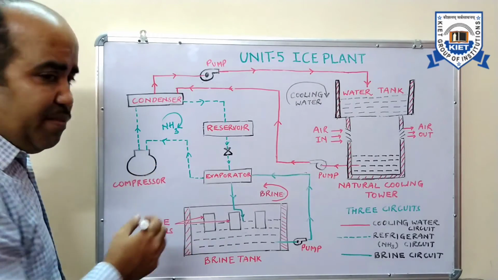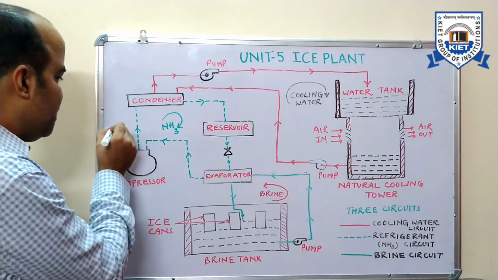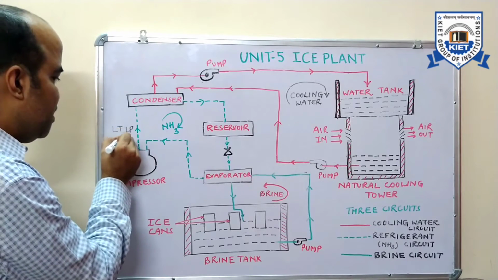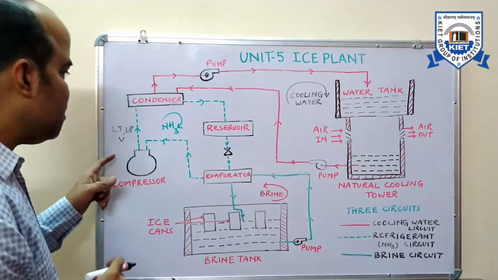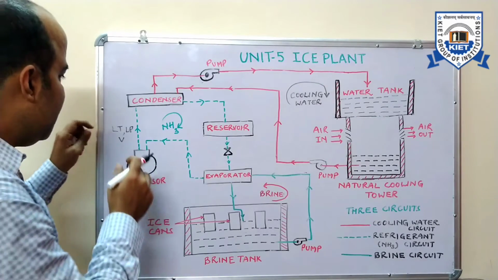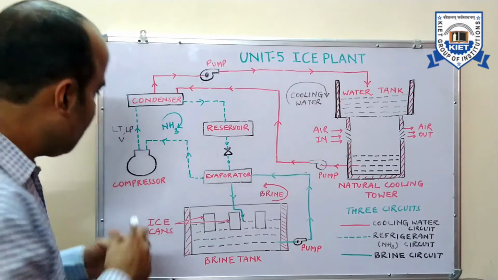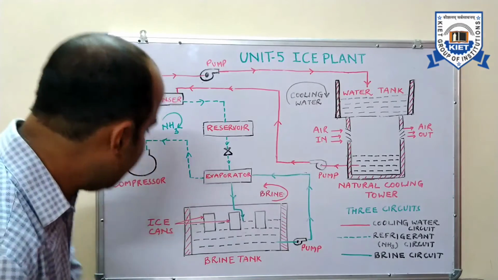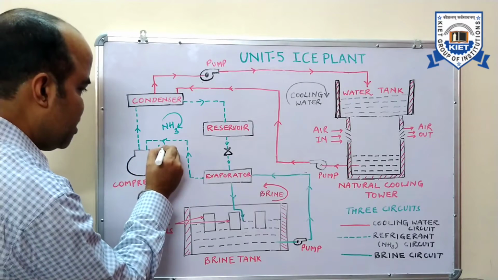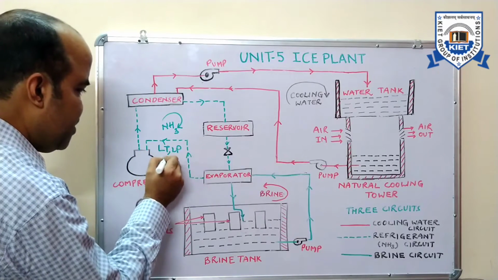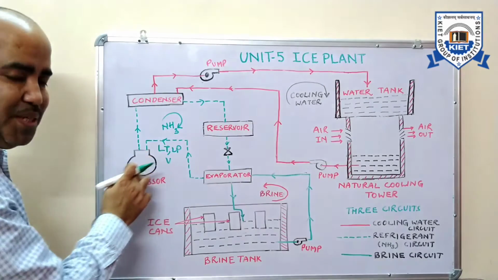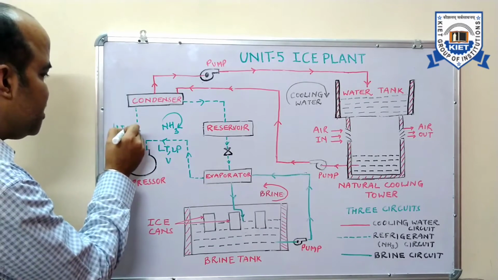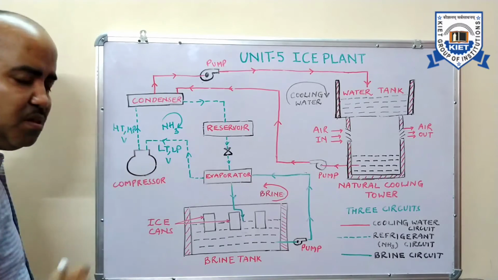So I will start from here. The low temperature, low pressure, LTLP vapor refrigerant, that is vapor ammonia, enters into the compressor, as you can see, and then it gets compressed to high temperature, high pressure vapor.